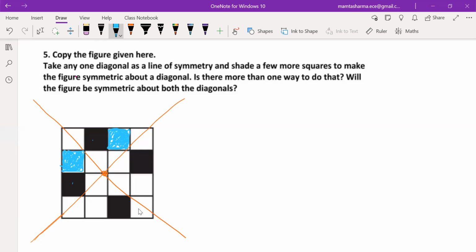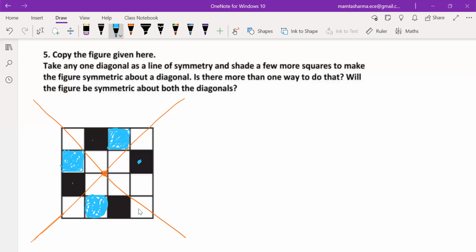Okay. Now, what is the opposite of this square? See, only along the diagonal. Okay. Opposite of this square would be this one. So you can paint this square. They will look symmetrical.